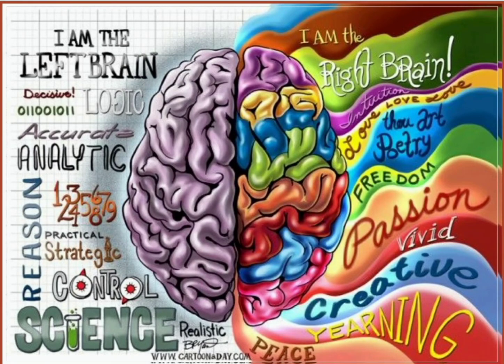So if you have a look at this picture, it's a very colorful picture. You will see that your brain can be divided into two equal halves: the left side of the brain and the right side of the brain. Now the left side of your brain is, you can say, a very scholarly type of brain, the scholar part of your brain.